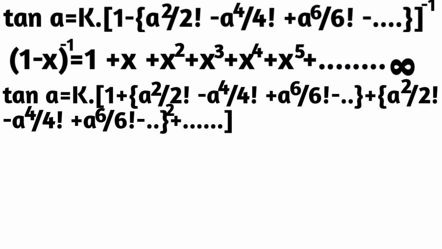As we know, the value of x is equal to alpha square divided by factorial 2 minus alpha power 4 divided by factorial 4 plus alpha power 6 divided by factorial 6 minus ... up to the infinity term.